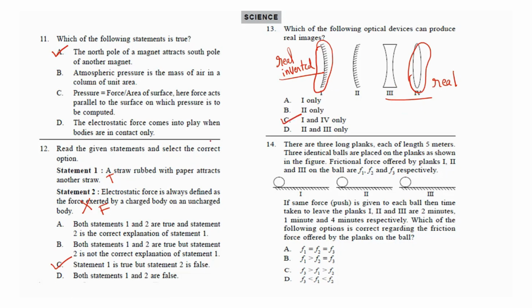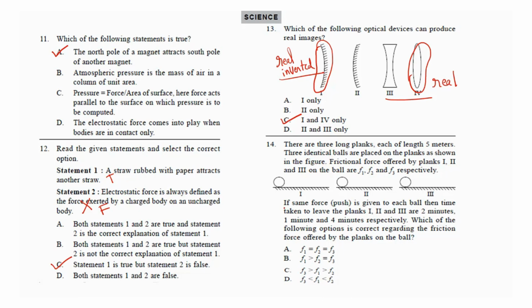Okay, coming to question number 14. There are 3 long planks, each of length 5 meters. 3 identical balls are placed on the planks as shown in the figure. Frictional forces offered by plank 1, plank 2 and plank 3 on the ball are F1, F2 and F3 respectively.